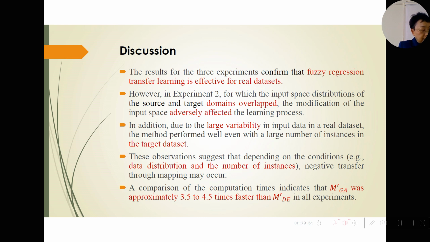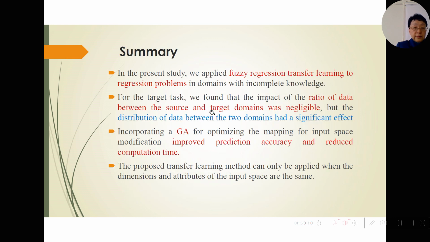This observation suggests that, depending on the condition, negative transfer through mapping may occur. In this study, we applied fuzzy regression transfer learning to regression problems in domains with incomplete knowledge.